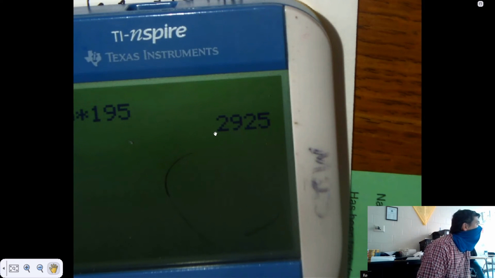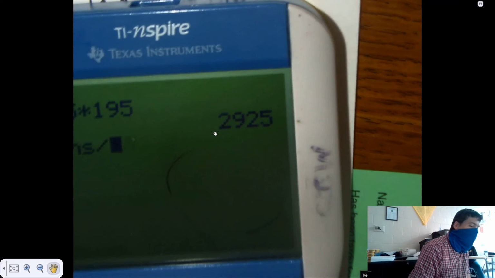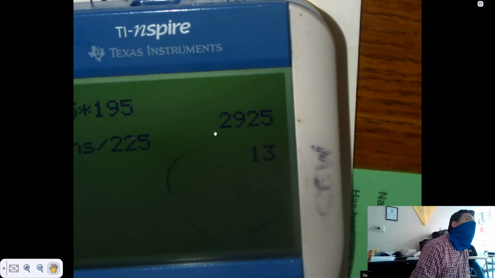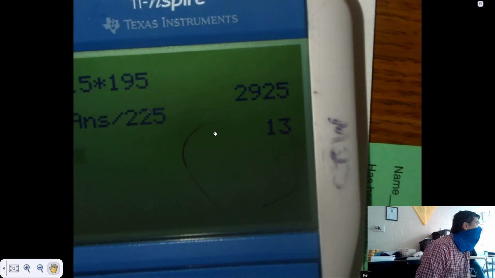Would it occur to you that that thing is divisible by 225 right off the bat? It wouldn't have occurred to me either, but it is. What's the square root of 225? Let's go with 15, like we have in front of that radical.